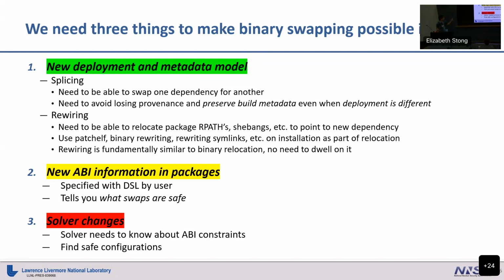So we want to give you some guardrails that actually tell you something about how to do that safely. And then the last thing is we need to make some changes to our solver so that our solver can say, oh, you asked for HDF5 built with this version of MVAPICH. I don't actually need to build anything. I can just cobble that together from existing binaries, and I know from the ABI information that that's safe to do so.